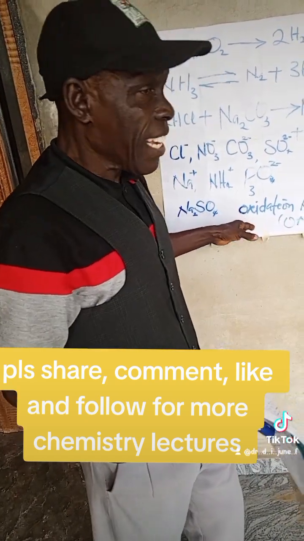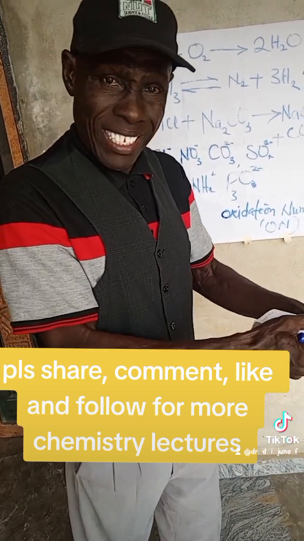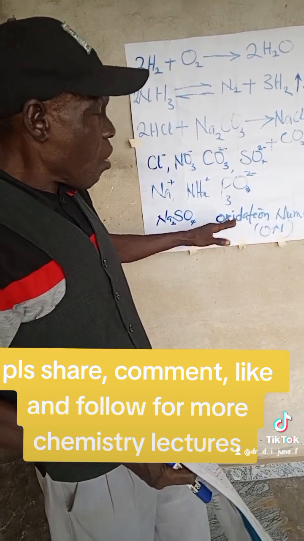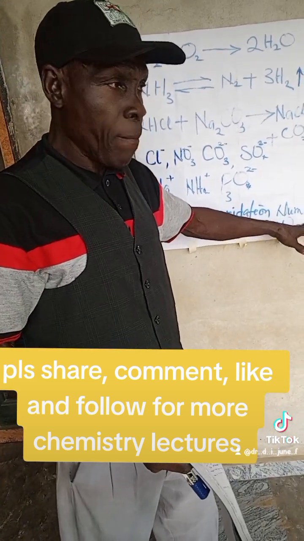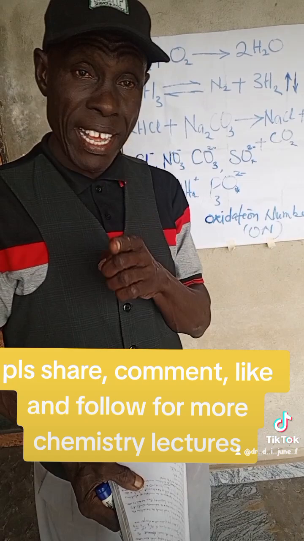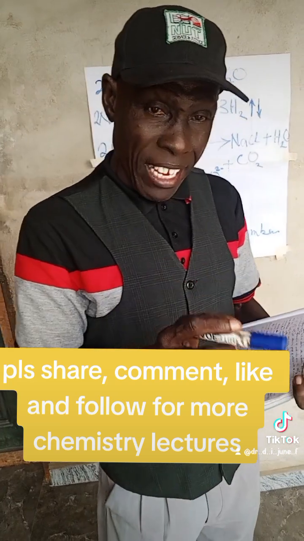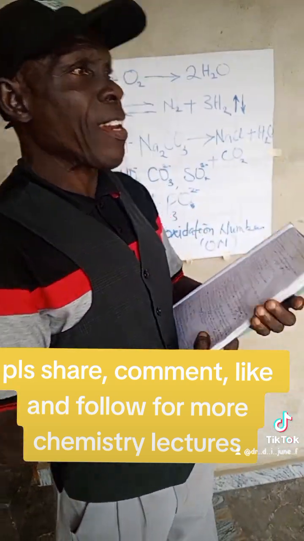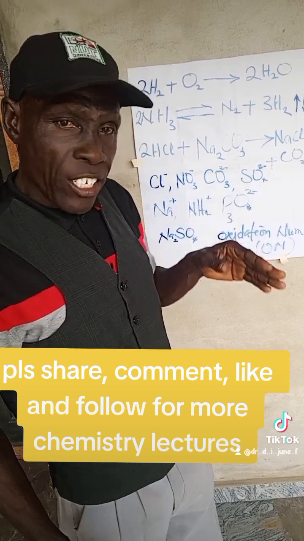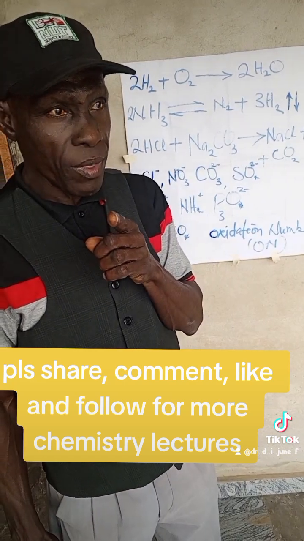Because a reaction can take place either in acidic or basic medium, or as a liquid or a gas. So the state of the elements or the reactants also determines the oxidation number of the element. So you must equally know. And that oxidation number is called valency. Valency means the number of electrons in the outermost shell of an atom.